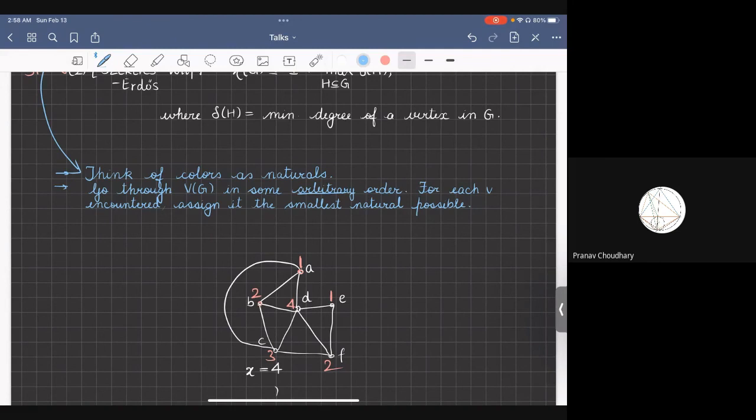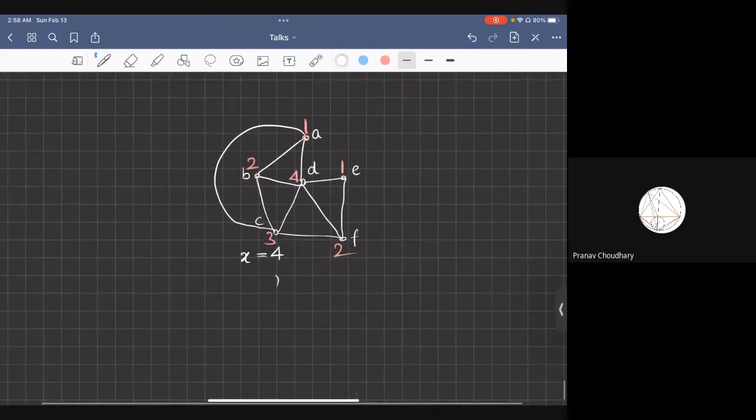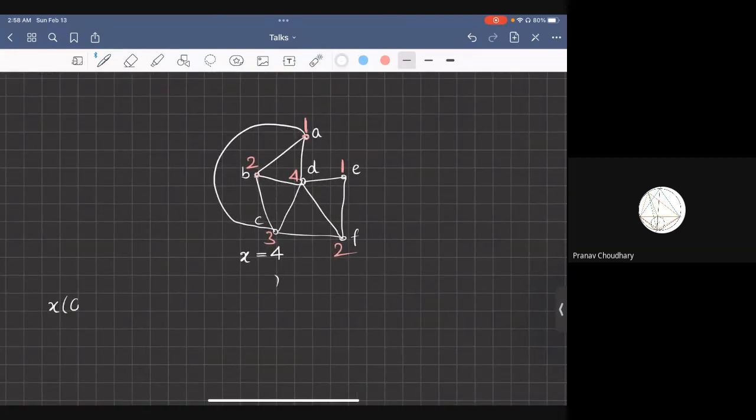Yes, but this may not be true. In fact, it is true that the chromatic number of G is equal to delta G plus 1 if and only if G is a complete graph, you can try to prove it, it's a little longer, or an odd cycle.